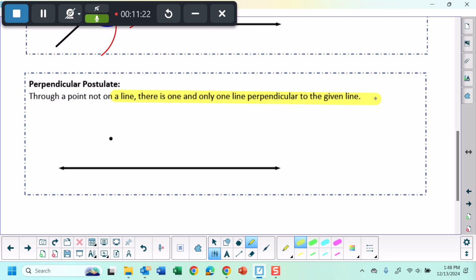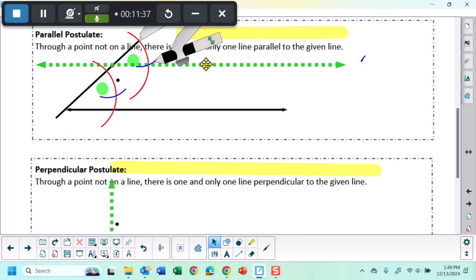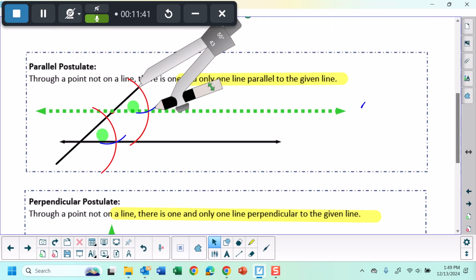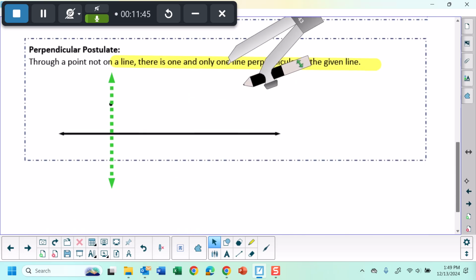If I were to sketch where I think it's going to happen, it's going to go right through here at a right angle. Now here's the thing, I can imagine that, but I don't know how to get a perpendicular segment to a line.